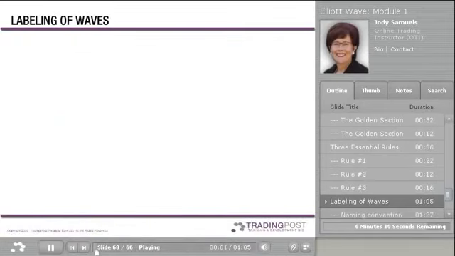Labeling of waves. Before we look at some examples from the market, we will talk about the naming convention for counting waves. Wave degrees have names and labels.